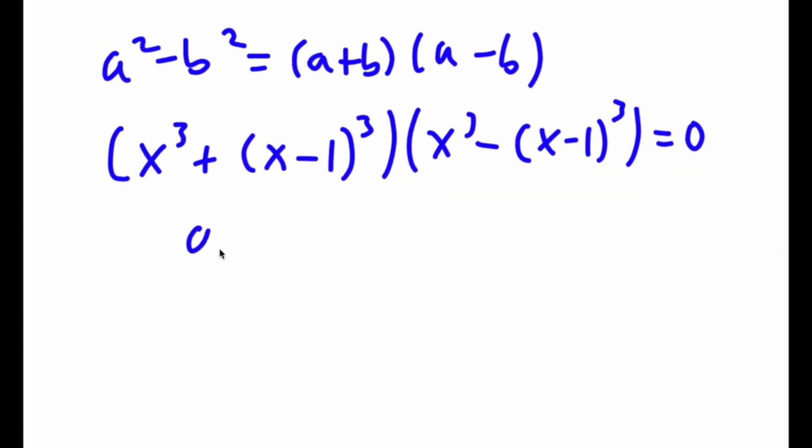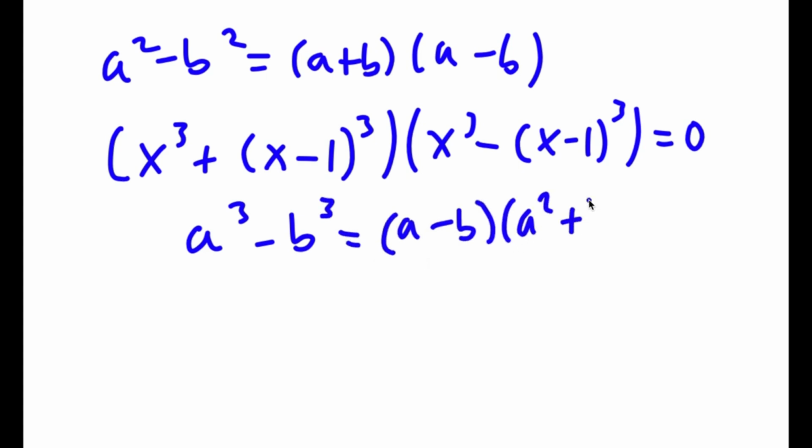Now if I have something in the form a to the power of 3 minus b to the power of 3, this is equal to (a minus b) times (a squared plus ab plus b squared).